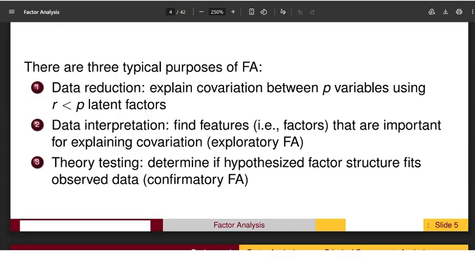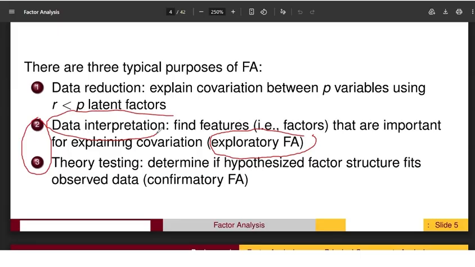Okay, so if you take a look at the two types of factor analysis that we have, the very first one is exploratory factor analysis, which has to do with data reduction, where you only want to identify the most important factors that we believe explain the covariations among the variables.